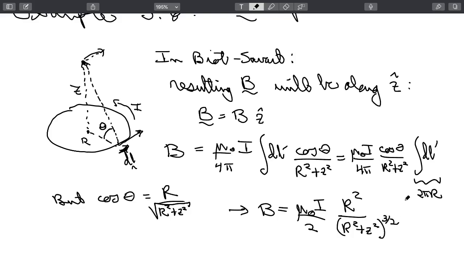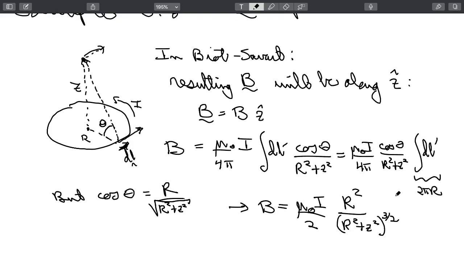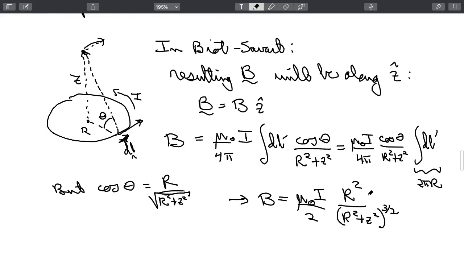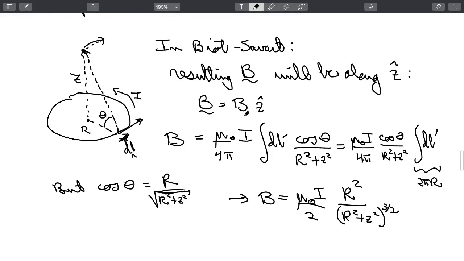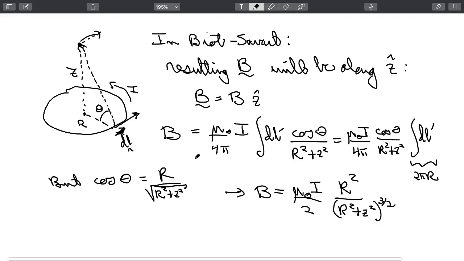So you see, we were able to do this little integral just by thinking about the vectors and the cross products, because it's quite symmetric, so it's quite easy to cancel all the components that we have. Of course, if the shape of the loop was different, then the integral would look dramatically different. But that's the kind of application in which you can actually do something with Biot-Savart's law.